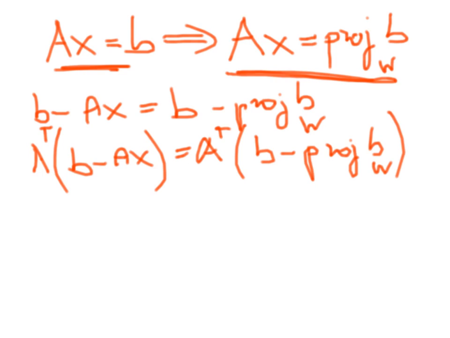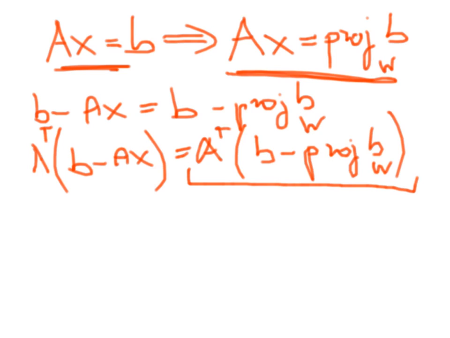Now, when you arrive at this point, there is something that you are now able to see. It is very important. And it is this term. What is this term? Well, b minus the projection of b on W. That is the vector that is orthogonal to W. Now, if that vector is orthogonal, what is W?